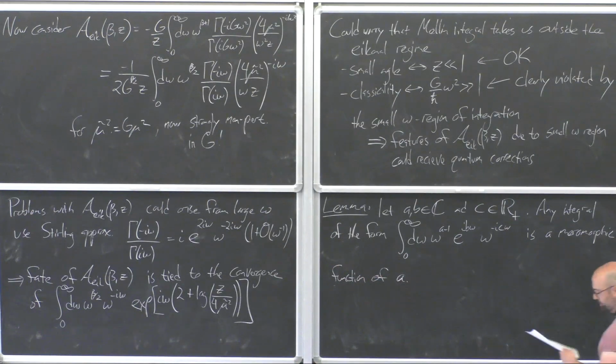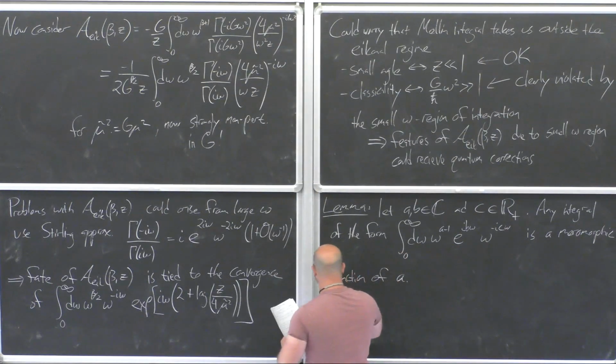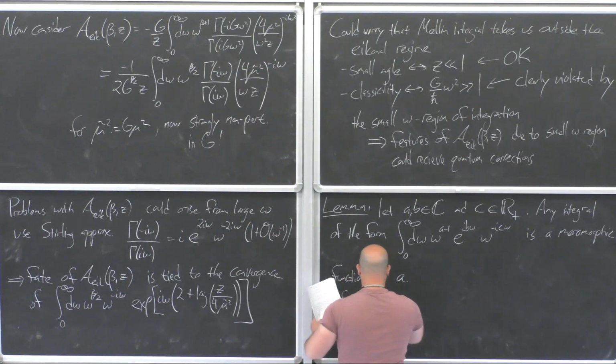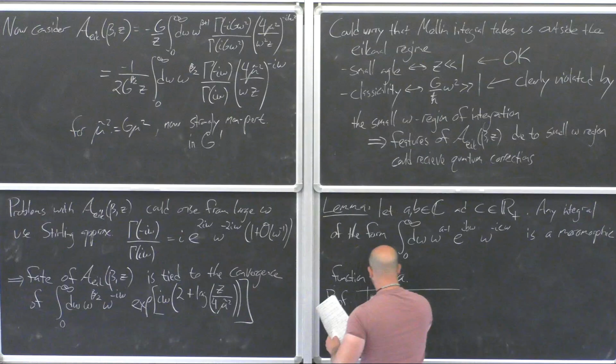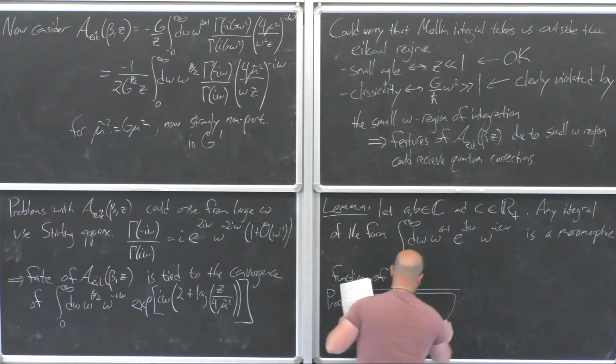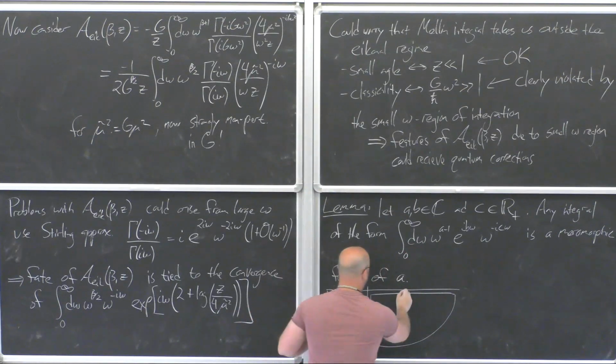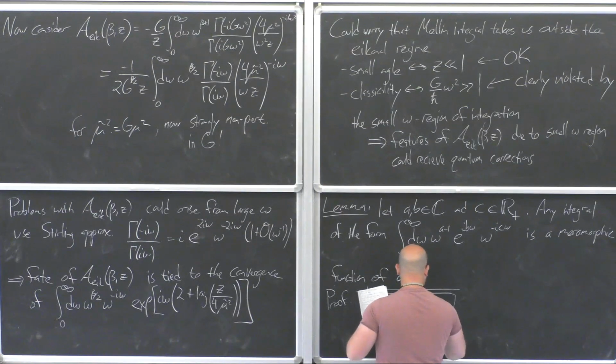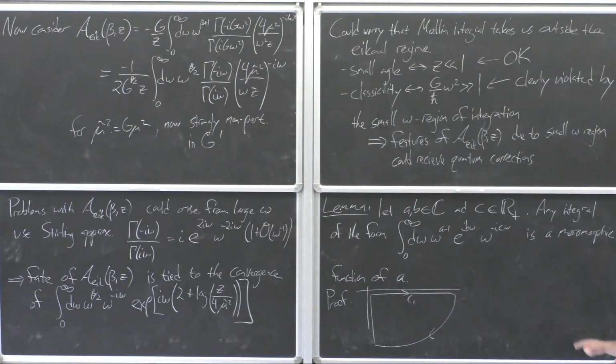So how do you prove this? You just consider the contour in the lower right complex plane. You have some contour C1, which is the interesting bit of the integral you're trying to compute.